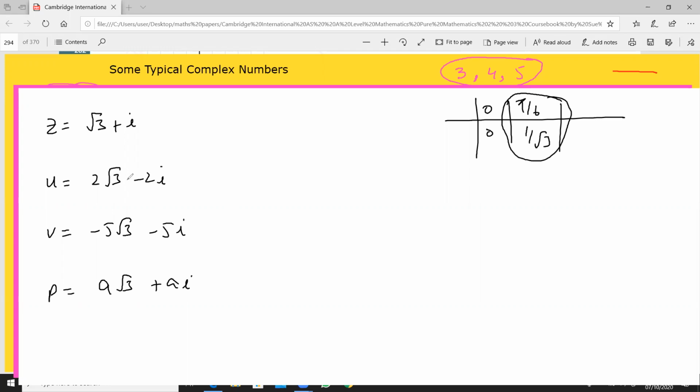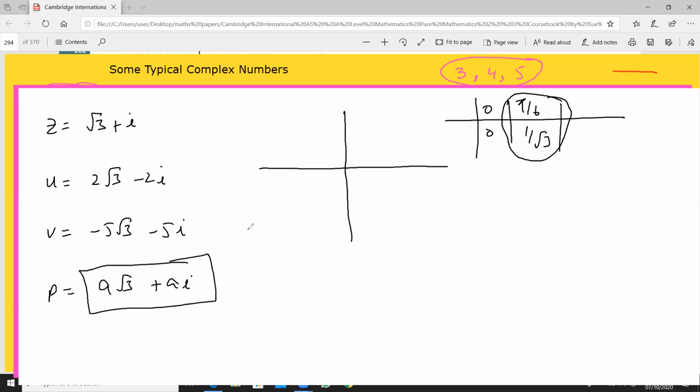Now look at this. If you try to find the argument here, let me draw that here. Let's just take this example over here, okay? This can be a under root 3 and it can be over here. And if it is a under root 3 minus a, it would be somewhere over here, like this.